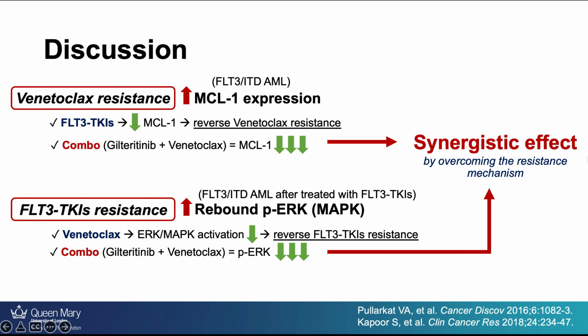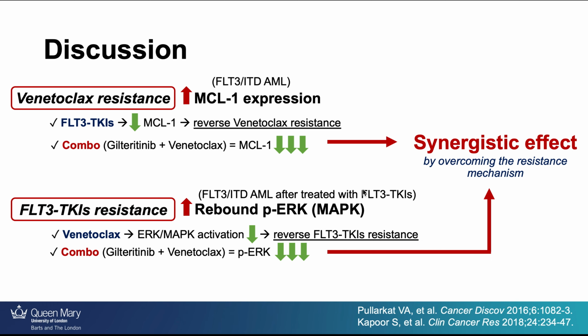This study showed the synergistic effect of FLT3-TKI with a BCL-2 inhibitor by overcoming the resistance mechanism. Usually, FLT3-ITD AML increases MCL1 expression, which confers venetoclax resistance, and treatment with FLT3-TKI can decrease the MCL1 expression. Interestingly, the combination can decrease the MCL1 expression much more, as shown.